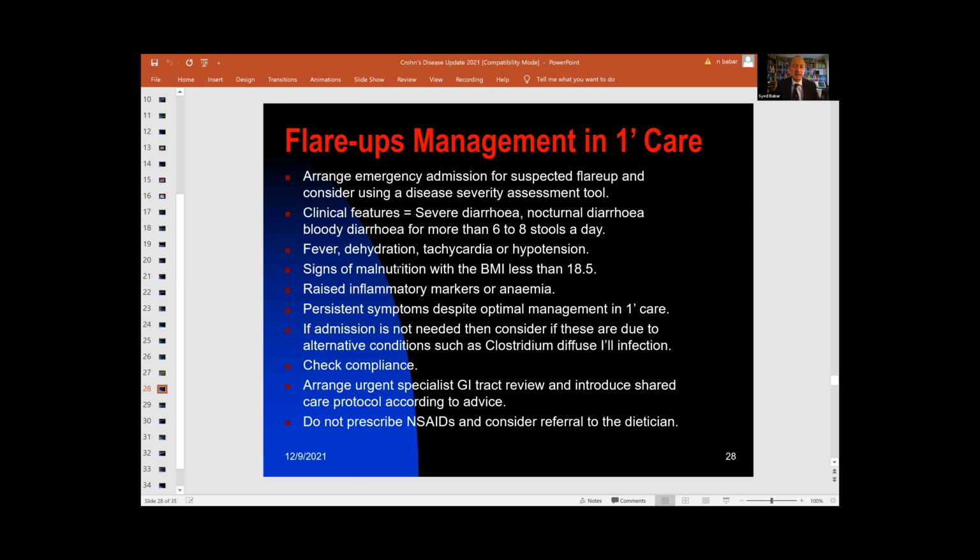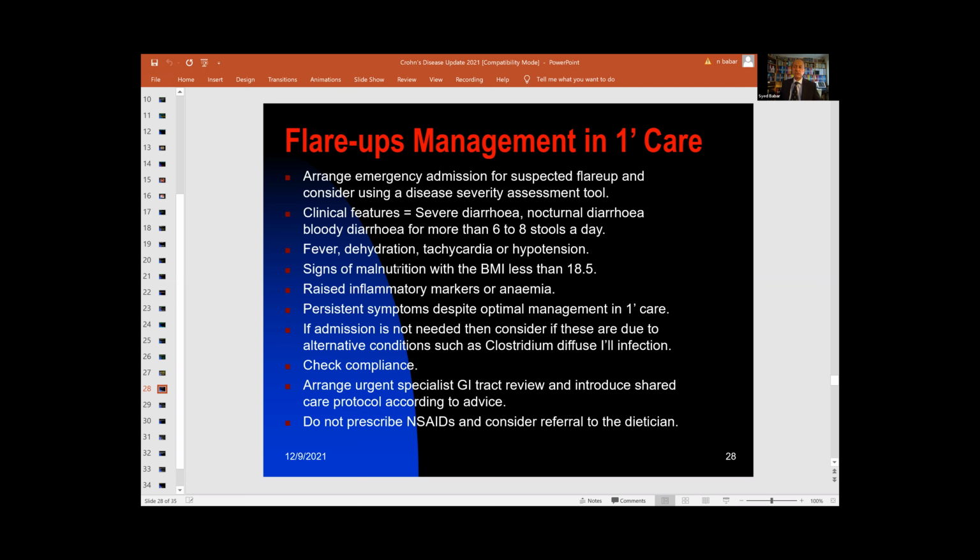The clinical features of diarrhea, nocturnal diarrhea, and bloody diarrhea are also controlled in primary care. Signs of malnutrition are noted and improved on. Inflammatory markers and other aspects of assessment are checked. Compliance to medication is checked.